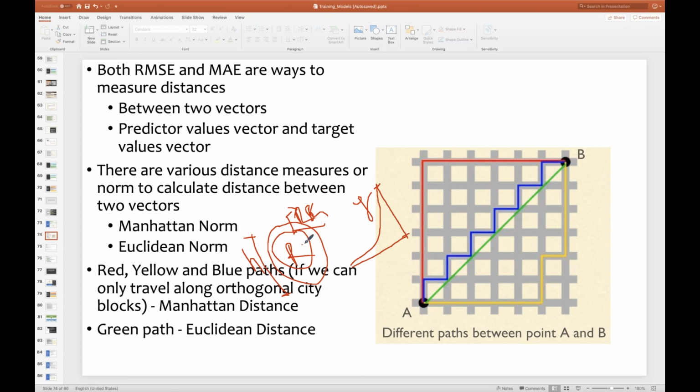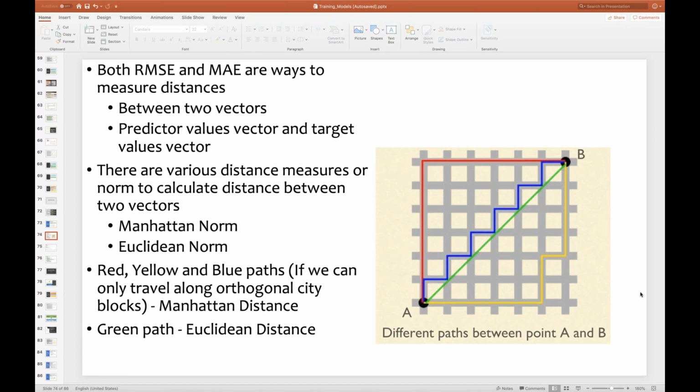So the distance between red and yellow is classified using mean square error and mean absolute error. Now, one thing you need to remember is that the predicted values vector and target values vector keep changing every time. Your root mean square error and mean square error are able to find the distance between the predicted values vector and target values vector.